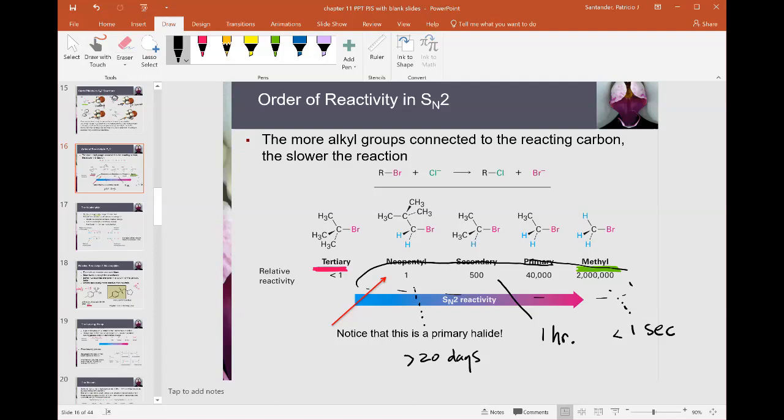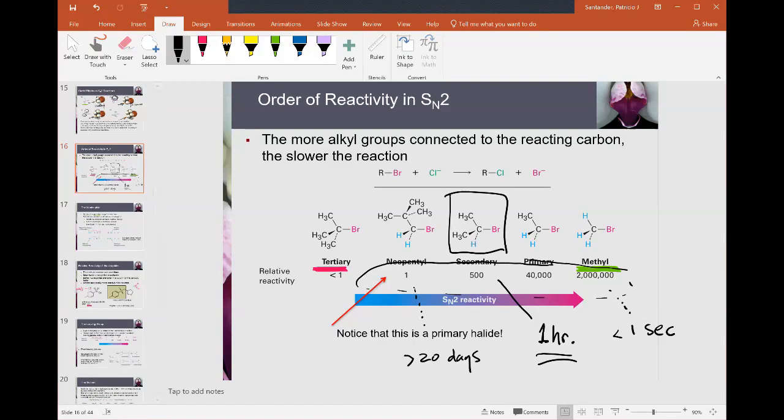Let's say that this reaction here with the secondary halide, the 2-bromopropane, takes place in 1 hour, just to compare, right? Because they are telling me that the relative reactivity of this is 500 as compared to 2 million, so that means that the reaction with a methyl bromide will be 2000 divided by 500 times faster.